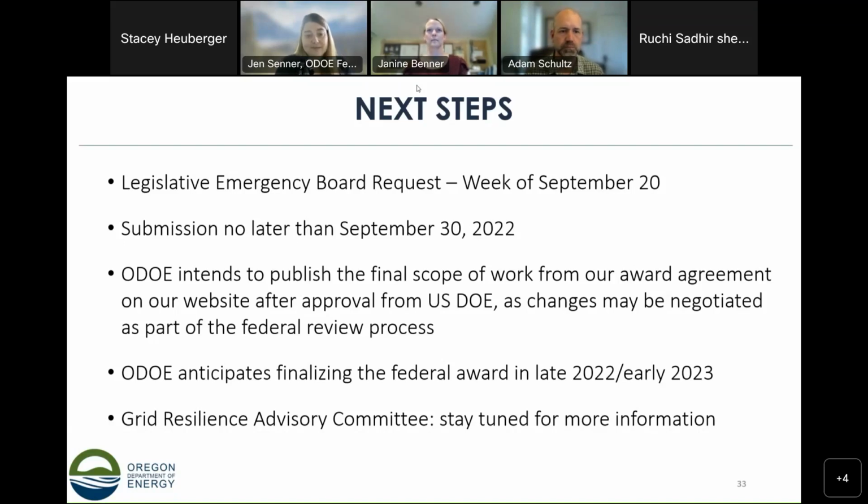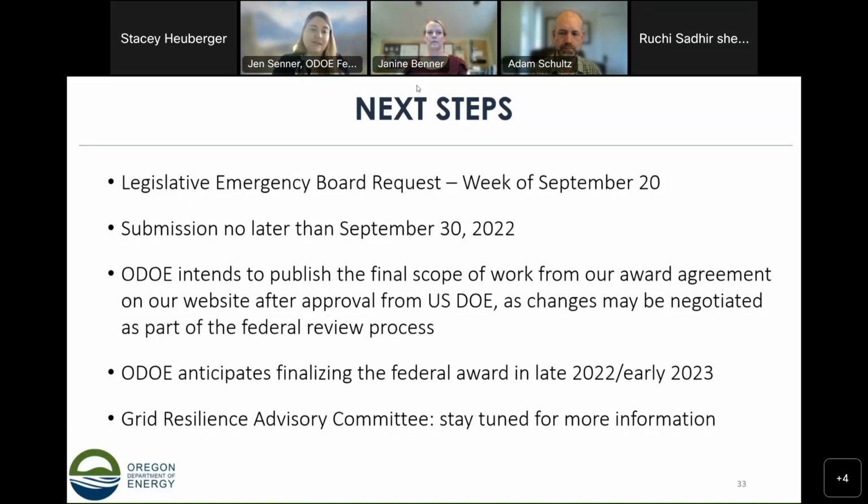Included in that process, depending on the exact scope of the project, may be requirements. There will be an environmental questionnaire that needs to be completed for all projects funded through this. So a minimum, a project should be ready to complete an environmental questionnaire to help with the basic level of National Environmental Policy Act review.